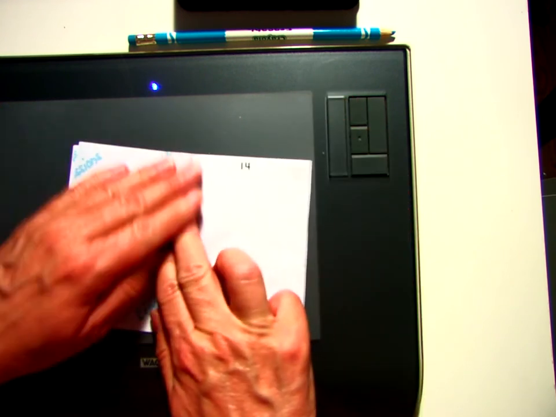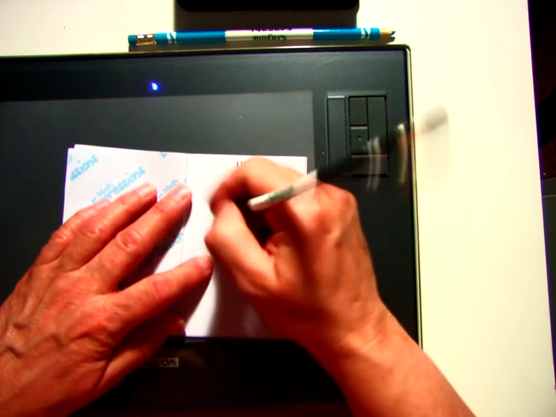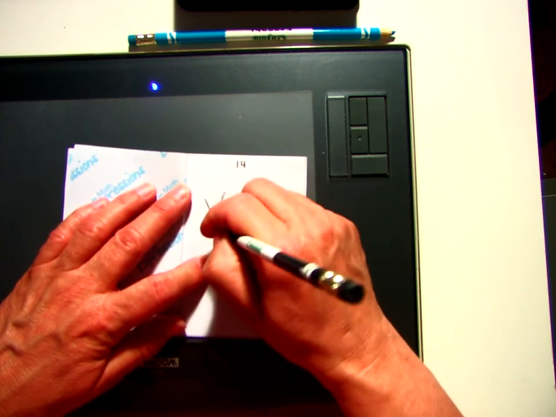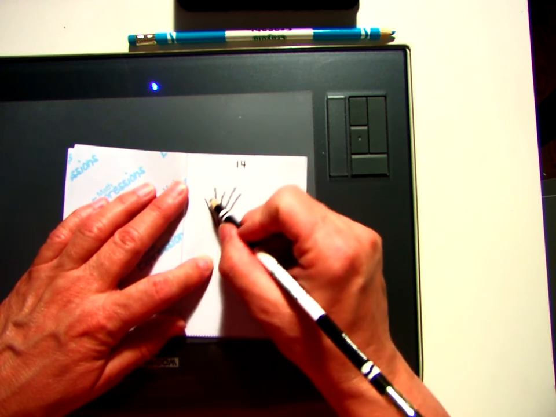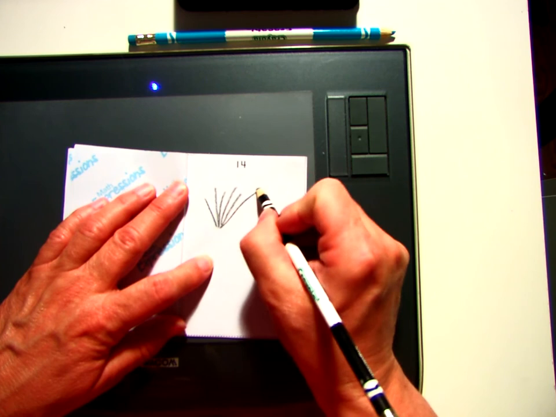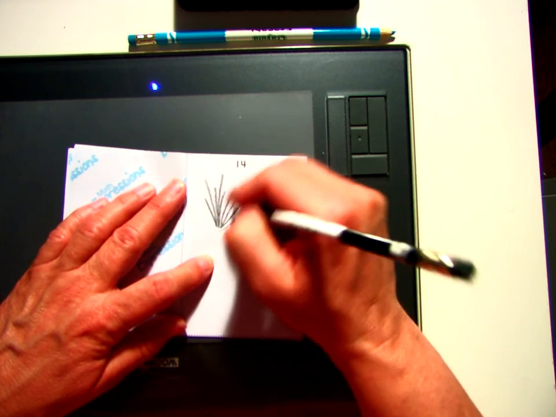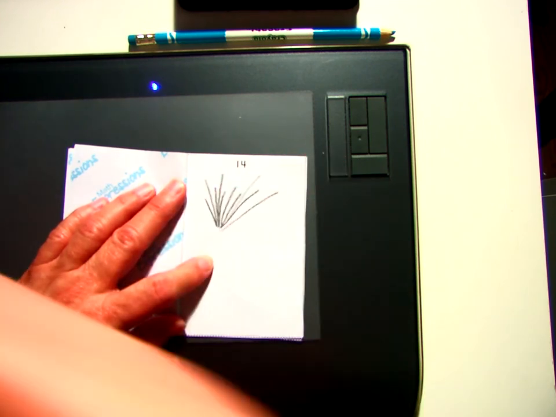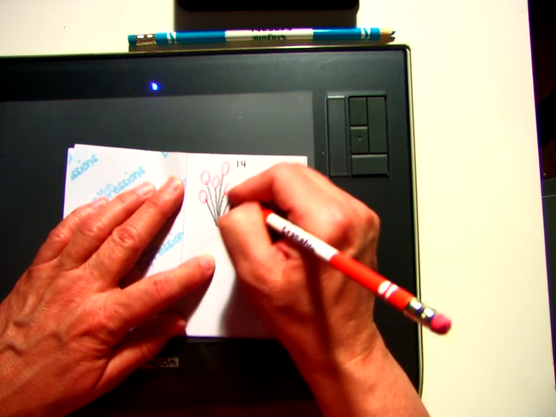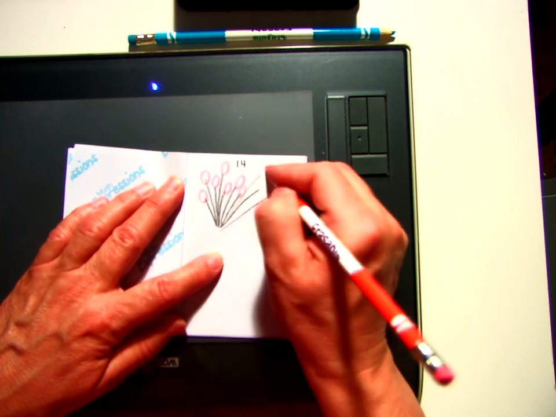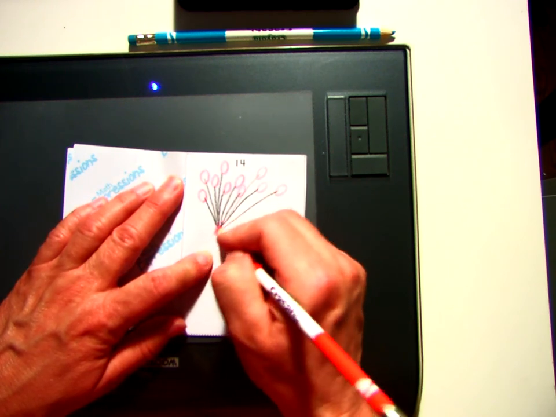Let's see if I can think of something else. Oh, I just thought of a really cool one. You could do a bunch of balloons. This kind of reminds me of Professor Doodlebug. 1, 2, 3, 4, 5, 6, 7, 8, 9, 10. And now I can put my balloons on here. I'll just make them all the same color to save time, but you can do different colors if you like. And then these are still being held down.